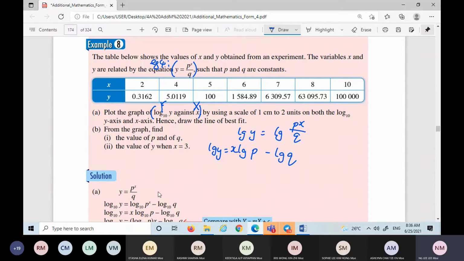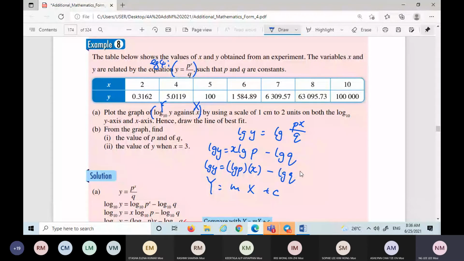Next, capital letter Y is already here, and capital letter X is already here. You just need to arrange it nicely. M, and then X, and this is C. So Y equals MX plus C.